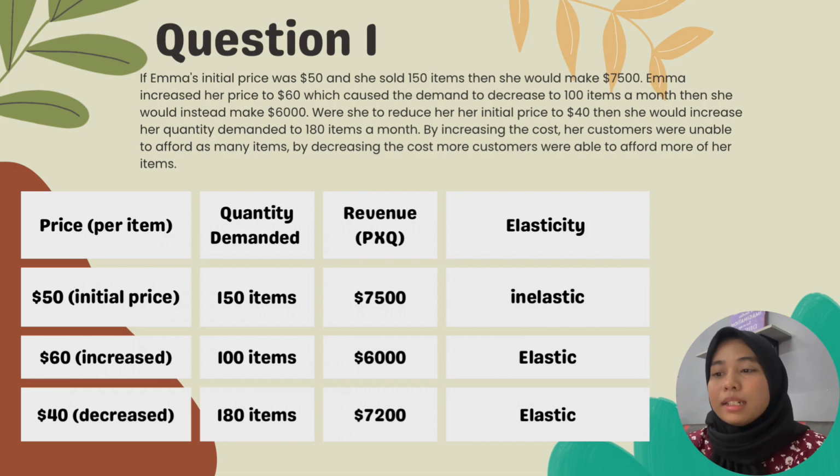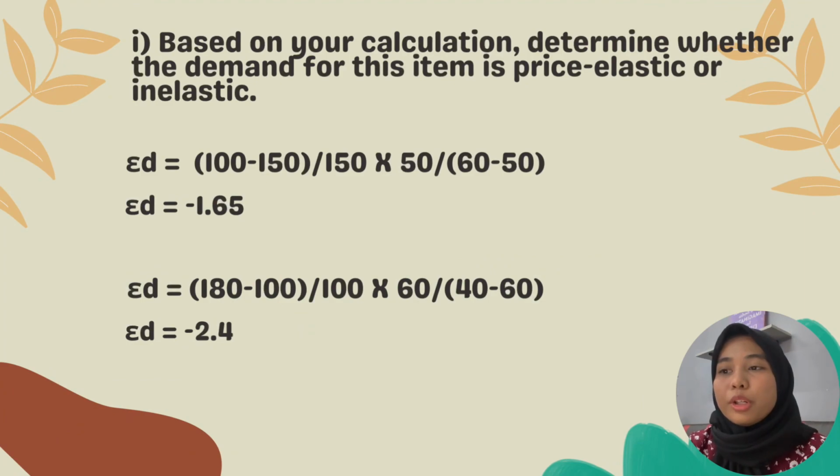For the elasticity, the initial price is inelastic, the increased price is elastic, and the decreased price is elastic. So let's move on to the first Roman question, which is: based on your calculation, determine whether the demand for this item is price elastic or inelastic.